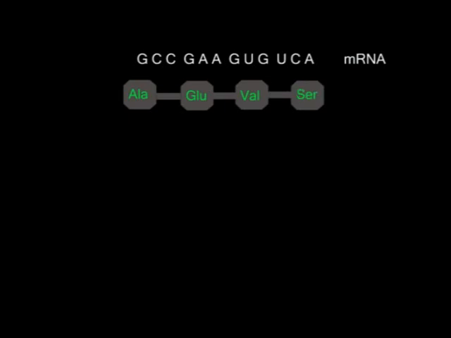If we decode this, GCC codes for an amino acid called alanine, GAA codes for glutamic acid, GUG codes for valine, and UCA codes for serine.